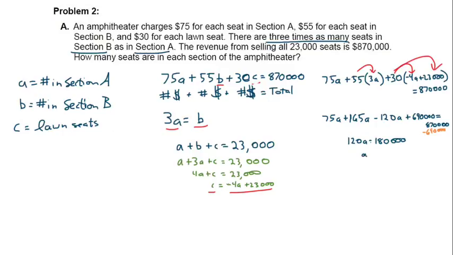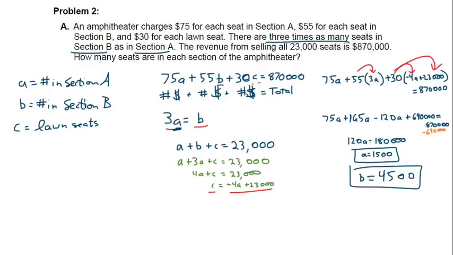There are 1,500 seats. Okay? So that's A. A is 1,500. Fun thing about this, if I multiply A times 3, well, 1,500 times 3, that's 4,500. So B equals 4,500 seats.